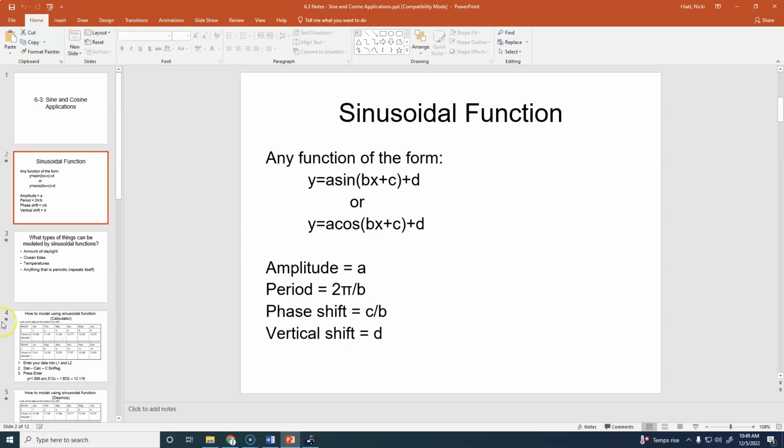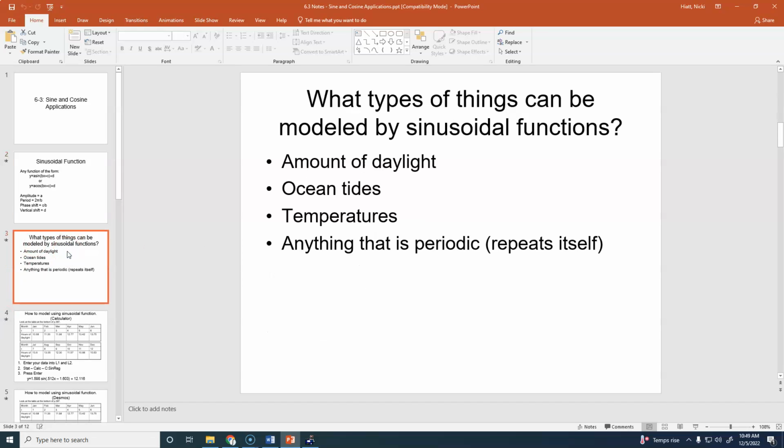All right. So sine functions can be very helpful for a lot of real life situations. Basically, anything that is periodic or that repeats itself has potential to be modeled by a sine function. Some examples of things that are generally sinusoidal, that's this fancy word right here, sinusoidal, are things like the amount of daylight that we have every day.